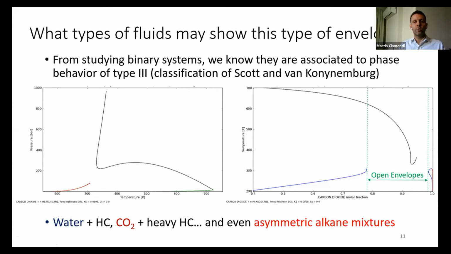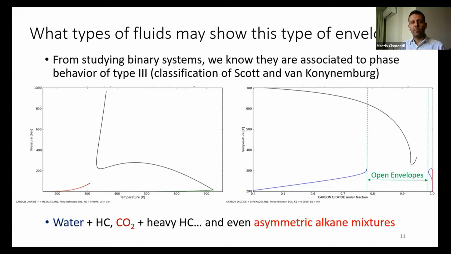Also CO2 with heavy hydrocarbons, and this is more studied recently in Brazil, indeed, because of the pre-salt, high CO2 contents, and so on. And as I mentioned, I know a nice recent work in the atoms group. And you can also get type 3 phase behavior if you mix polar compounds with hydrocarbons, in many cases.